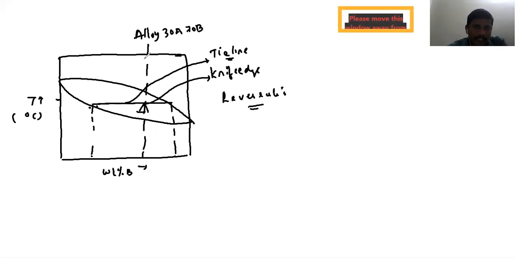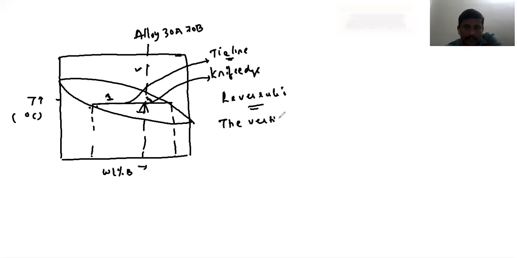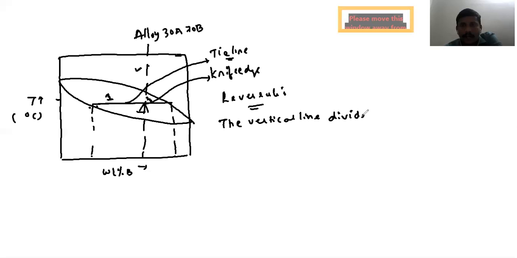So this vertical line divides this horizontal line into two parts. As per the lever rule, the vertical line divides the tie line into two parts.